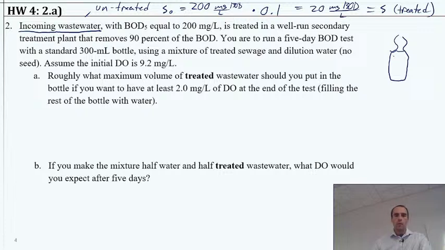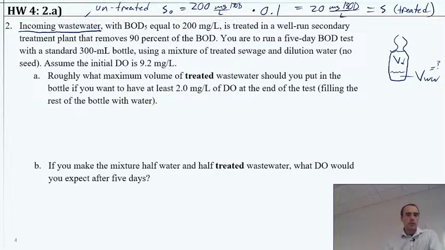We don't know how much can be the dilution and how much can be this volume of wastewater. So that's kind of the question. The most that can be. And we did a problem like this. It was a little simpler the first time we looked at BOD stuff.